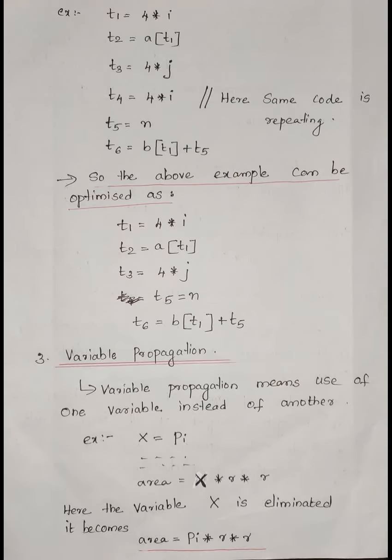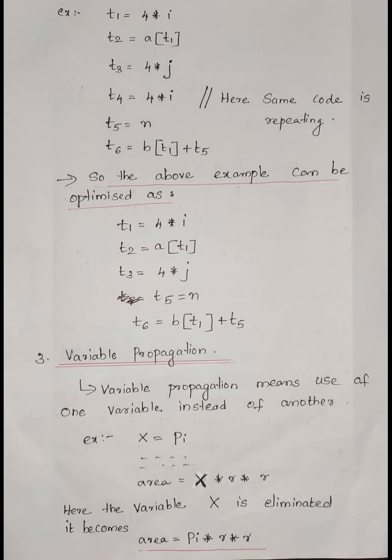See the example: T1 equal to 4 into I, T2 equal to A of T1, T3 equal to 4 into J, T4 equal to 4 into I. Here T1 and T4 are the same code, the same computation is being performed, so we can eliminate T4. The optimization is done by eliminating T4 equal to 4 into I.